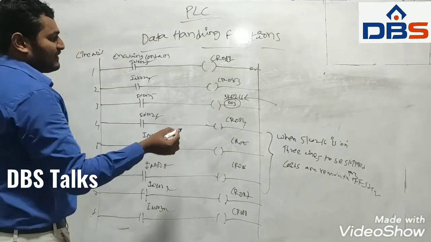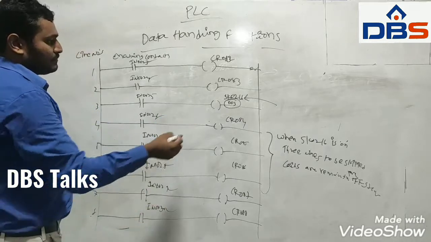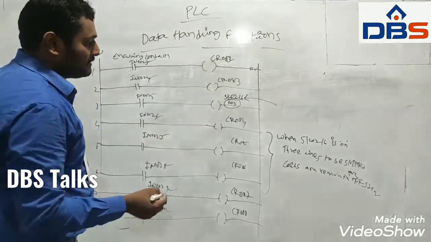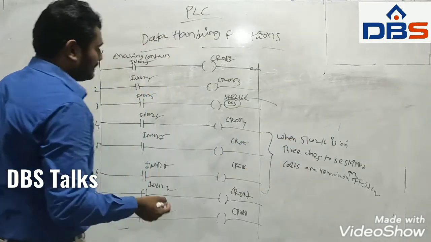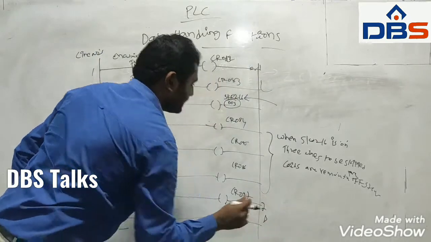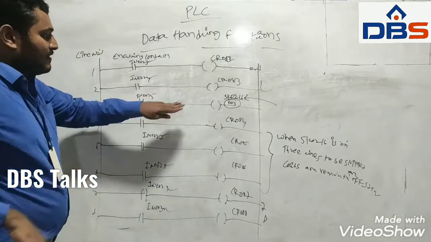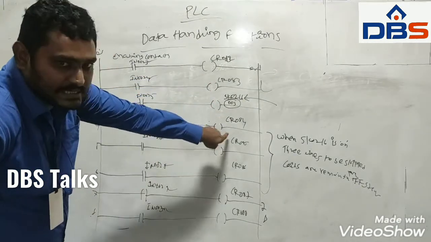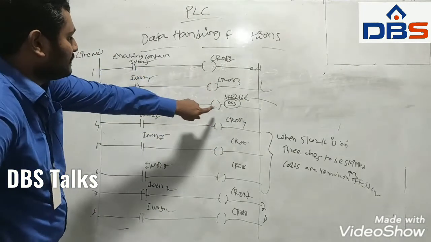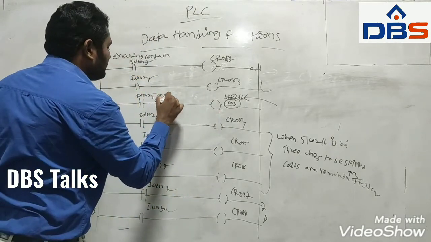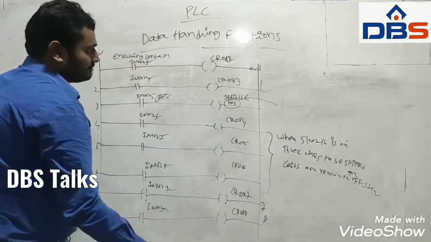Whenever the program encounters the skip function, these three lines are skipped, and the remaining lines, 1 and 2 and 7 and 8, run as usual. When the skip function is off, that is, input 25 is off, the remaining operation is the same.